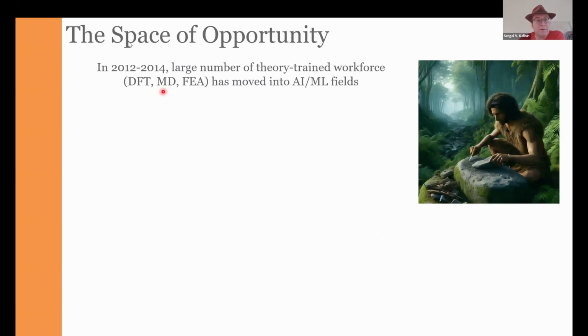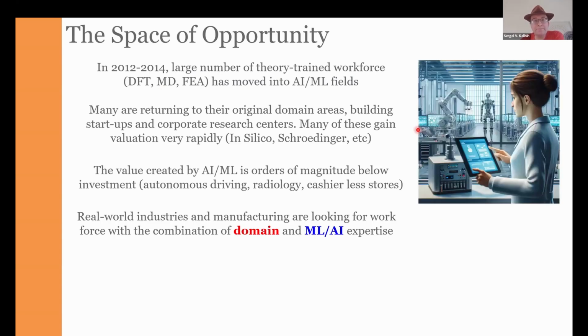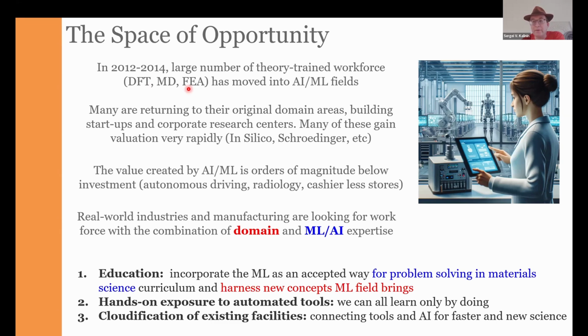So two things. First of all, I think that's a space of opportunity. If you look at the dynamics of the workforce, a lot of people 10 years ago went into ML from fields like DFT, MD, or finite elements. So by now, many of them are coming back and building activity in this area. But the domain application of ML is a very different field.